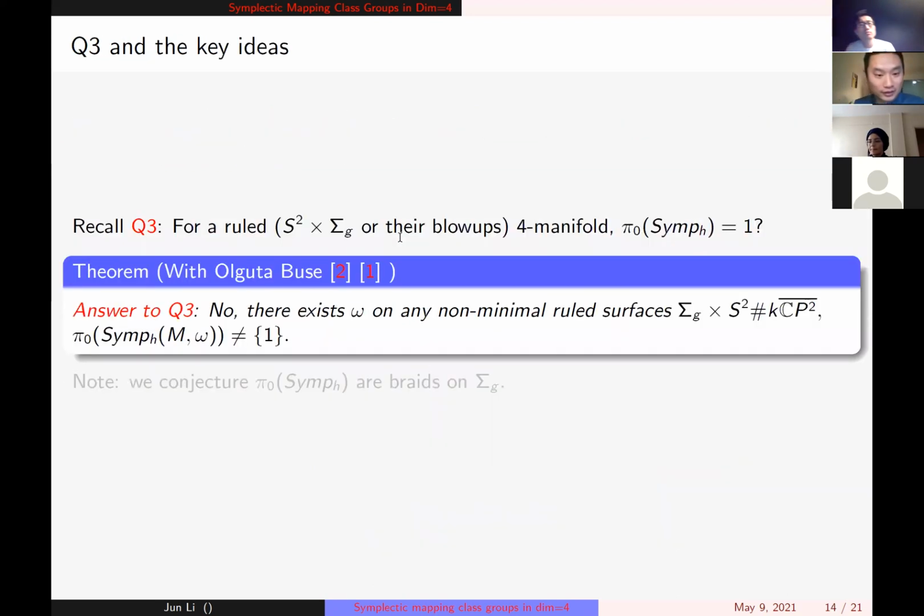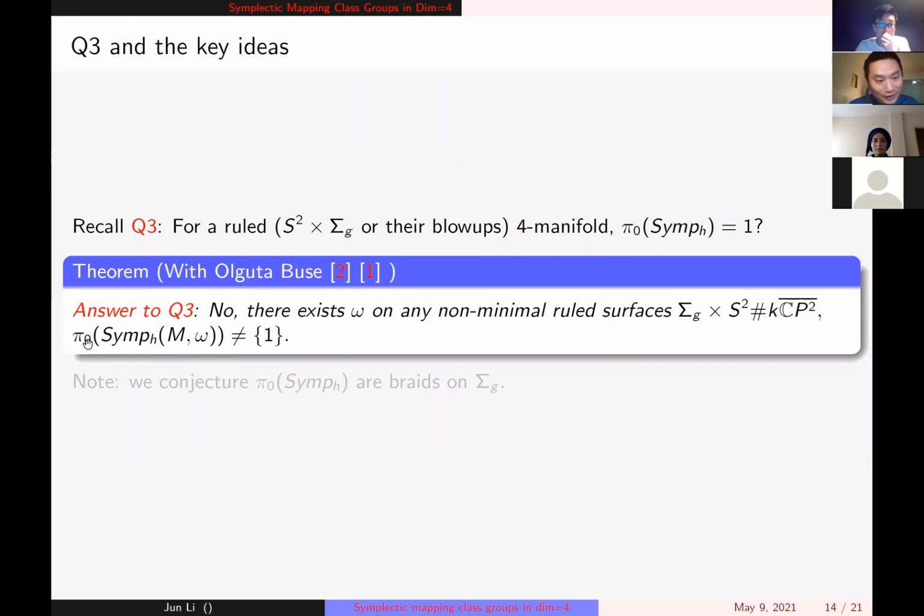All right. Question 3, let's change gear. I'll say less about this question because we have already run about 40 minutes. That's joint work with Olga Buse. Basically, we are able to find forms on non-minimal ruled surfaces so that we have non-trivial symplectic mapping classes.